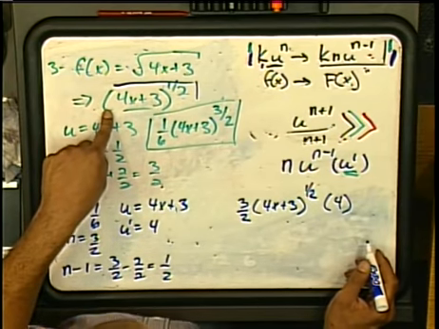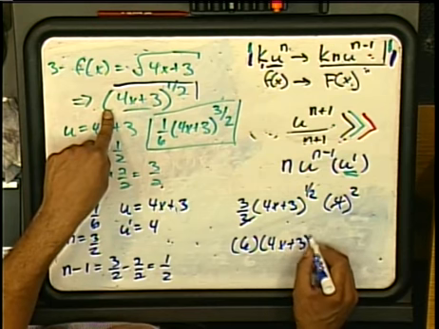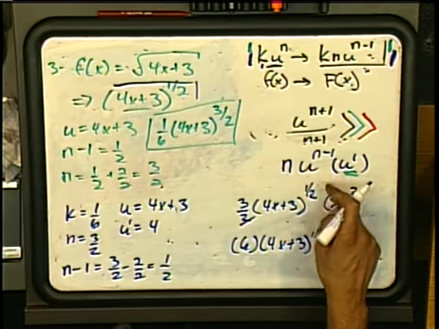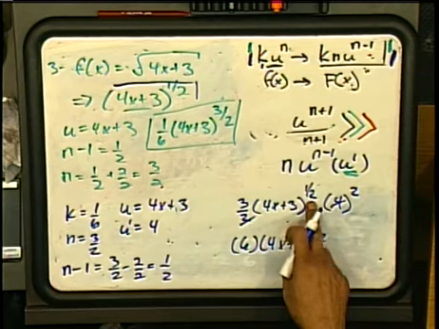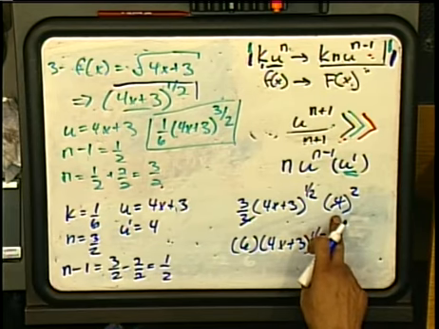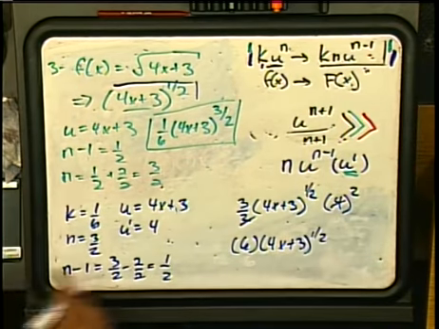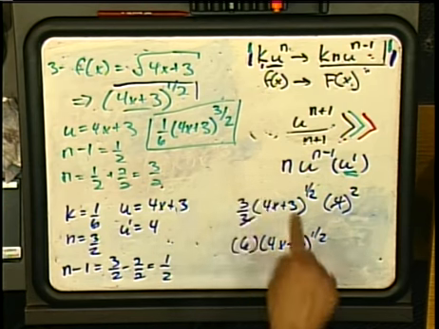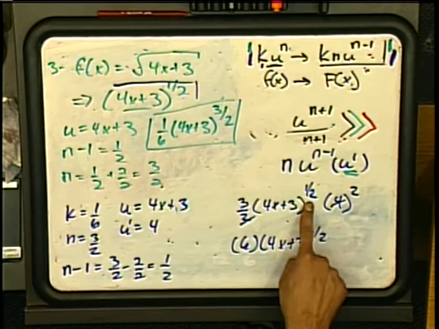Let's see. Hmm. 3/2, that's what we got. 3/2 N times U to the N minus 1 times U prime.